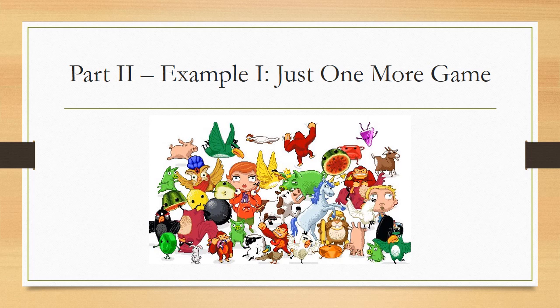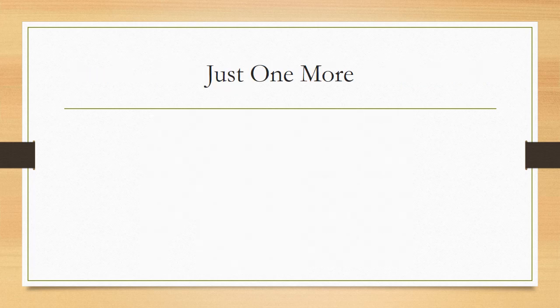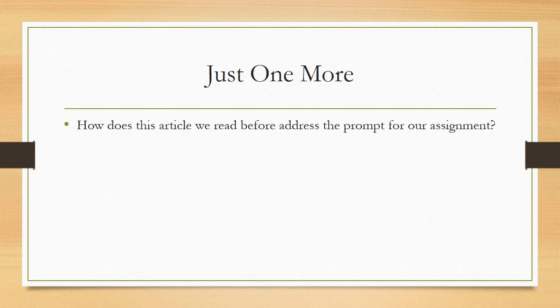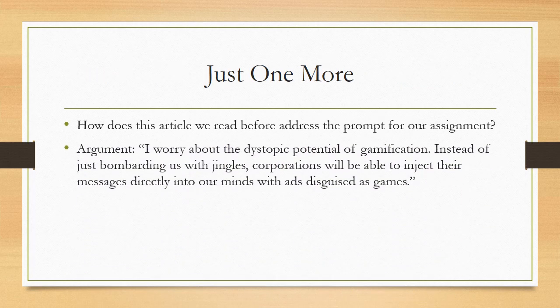So we read Just One More Game way back in, I think, Lesson 2. How is this an example of a research analysis of a cultural artifact? His argument says, I worry about the dystopic potential of gamification.